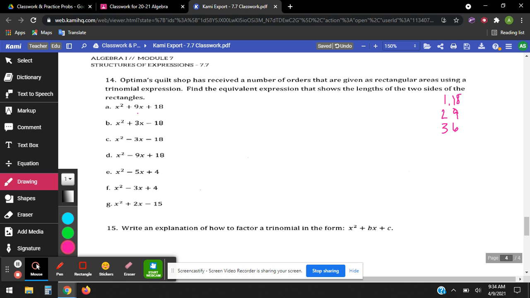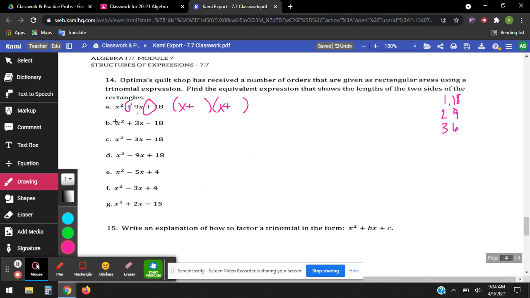Okay, so this is positive. So I know that they're either going to be both positive or both negative. Well, the 9 is also positive, which means when I add them, I'm going to get a positive number, and they both have to be positive to multiply to get 18.